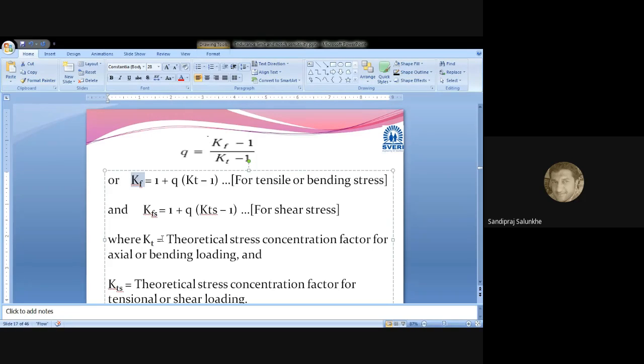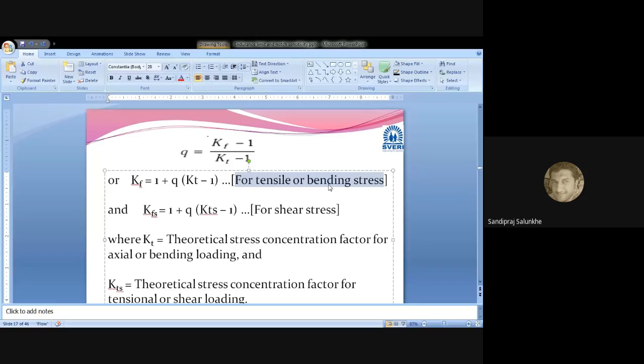So this Kf can be calculated as 1 plus Q into Kt minus 1. Okay. This can be used for the tensile or bending stress.